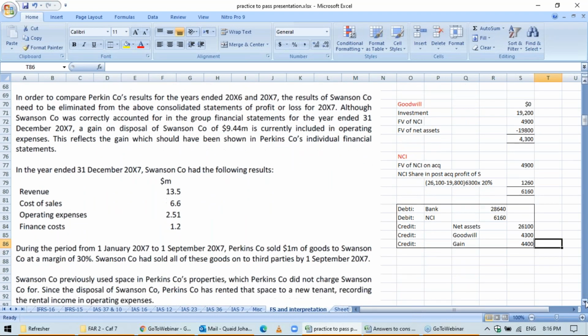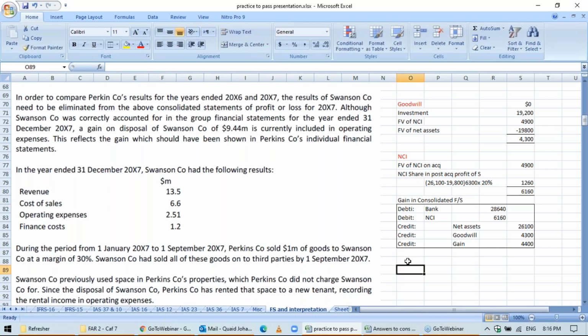Now, one more thing. This is the gain in consolidated financial statements. Now, the parent will also be preparing its own individual financial statements.